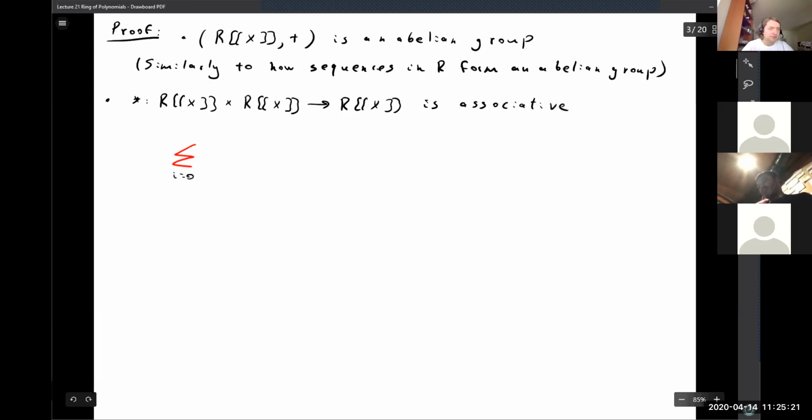Okay, so let's take one formal power series with coefficients a_i, and let's multiply it by another formal power series with coefficients b_j. Let's put each of them in round brackets.